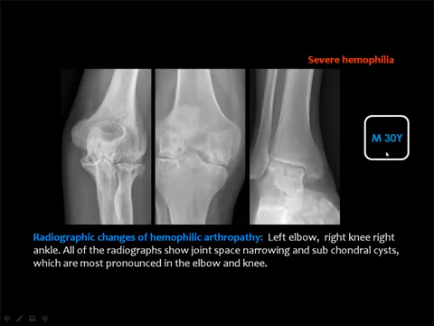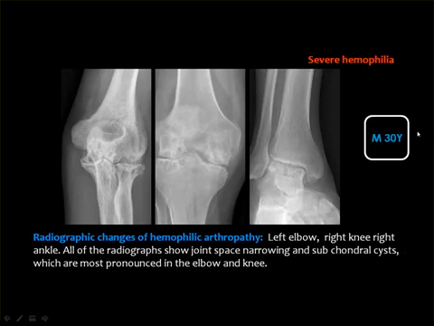This patient is 30 years old, and whenever I said the age, I consider that hemophilia, of course, occurs at a much younger age than the primary degenerative osteoarthritic changes.